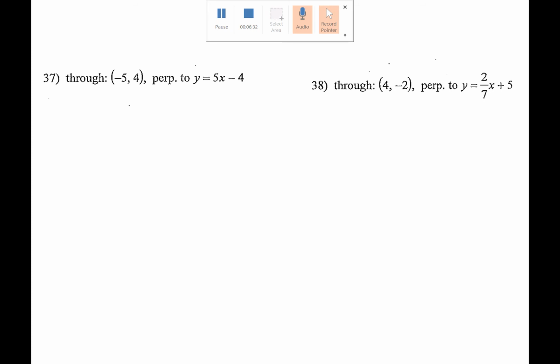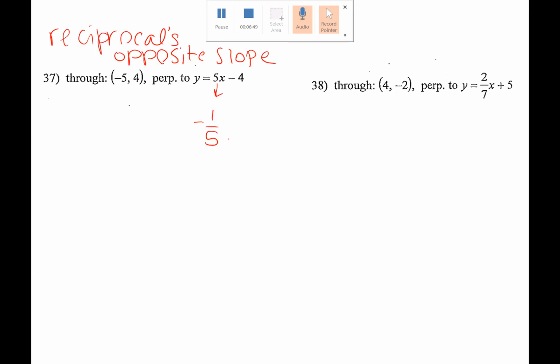37 and 38 both say perpendicular. Remember, perpendicular, you want the reciprocal opposite of the slope. So if this slope is 5x, I want it to be -1/5. So I'm going to go ahead and write my y, which is 4, and then my x, which is -5, and then plus b.